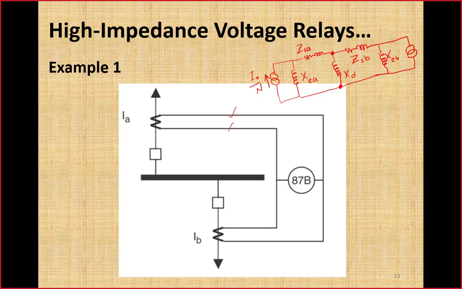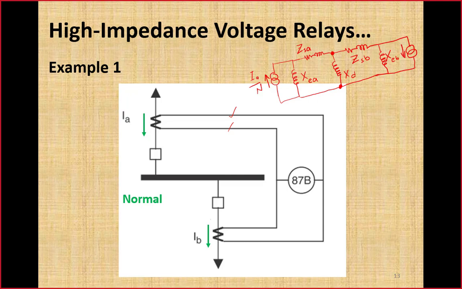XD stands for the reactance of our voltage relay. Now in normal operation, this would be the direction of flow of current. If we assume that current in circuit A, in its secondary circuit, is in the upward direction, then current in B will be in the downward direction.